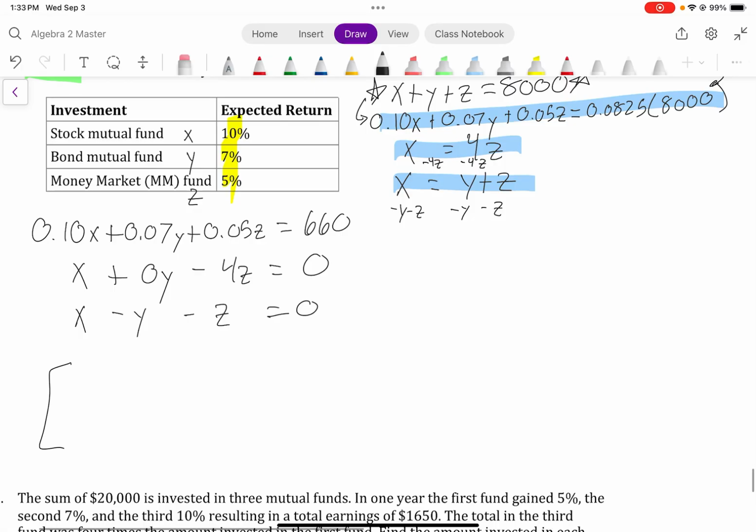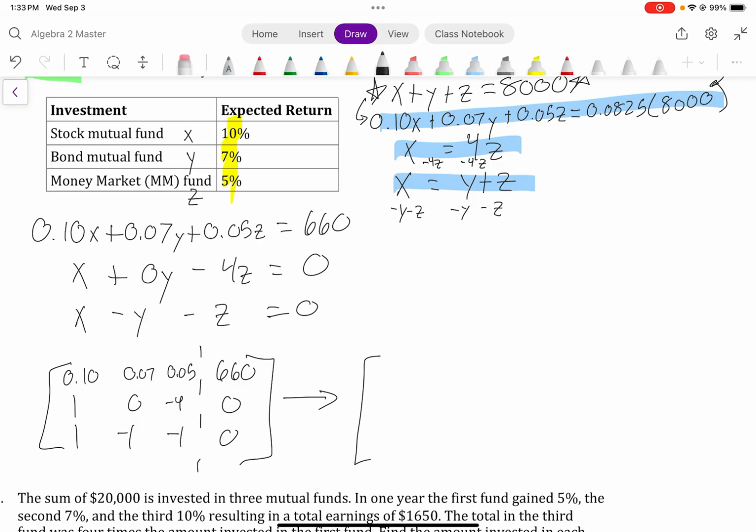So my augmented matrix is 0.10, 0.07, 0.05, 660. 1, 0, negative 4, 0, 1, negative 1, negative 1, 0. Those last 2 equations are very nice for coming up with my augmented matrix.